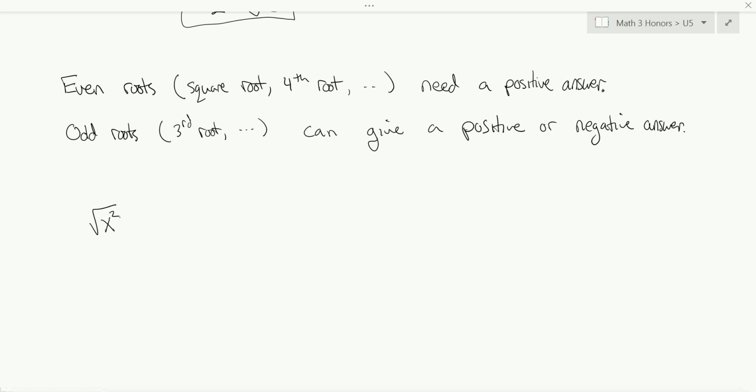The absolute value of x. So x could be positive or negative. We don't know.